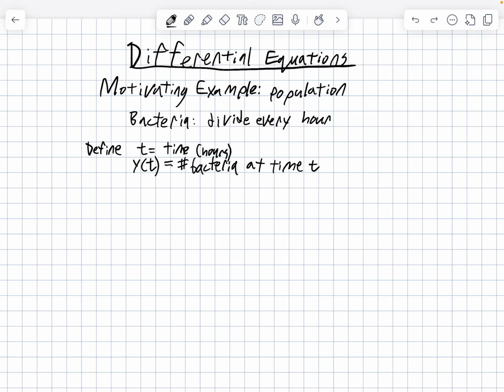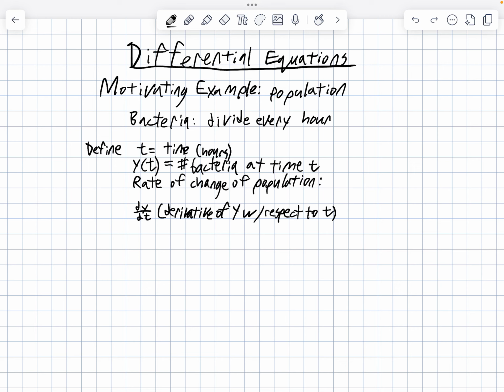So once we've defined that, we can define the rate of change of the population, dy over dt. And we read this as derivative of y with respect to t. That is, the rate at which the number of bacteria in the population is changing at a particular time.